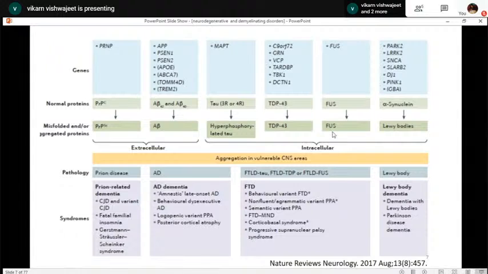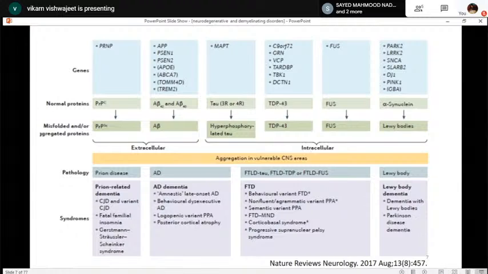FUS is fused in sarcoma protein, and it is also implicated in some cases of frontotemporal lobar degeneration. Then there is alpha synuclein protein, which forms Lewy bodies, and Lewy bodies are seen in a number of diseases like dementia with Lewy bodies, Parkinson's disease dementia, and multiple system atrophy.